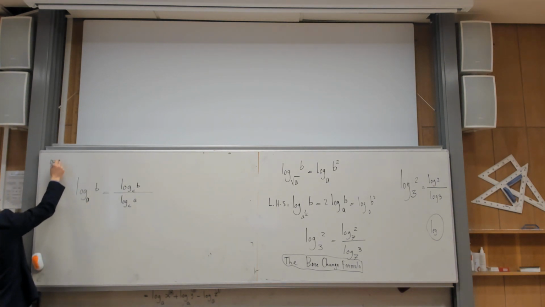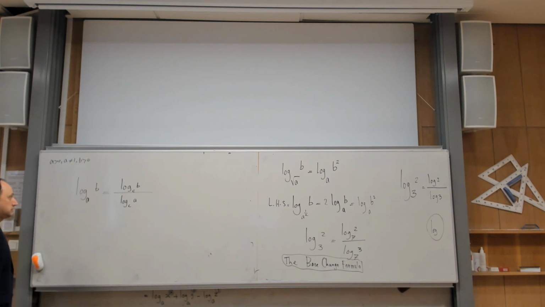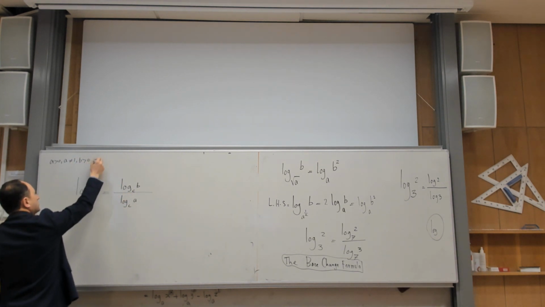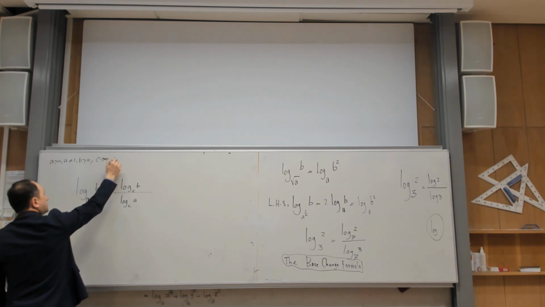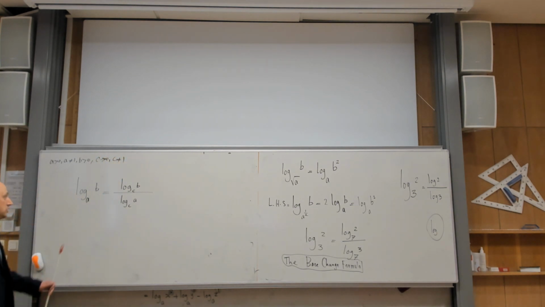So the conditions are these. A should be positive, A should not be equal to 1, B should be positive. And C should be positive, and C should not be equal to 1, because this is supposed to appear as the base of a logarithm.